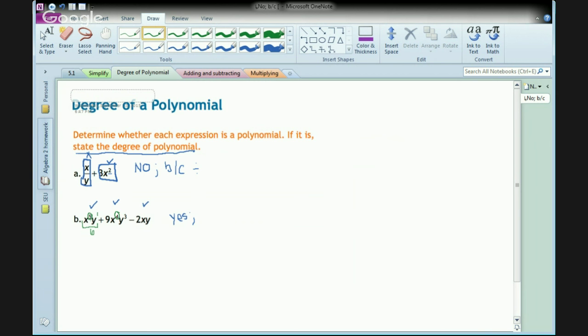This monomial has a total of 7. And this monomial, this is just a 1 and a 1, has a total of 2 degrees. So my highest degree of this polynomial is 7. So then I would just say yes, and the degree of the polynomial is 7.